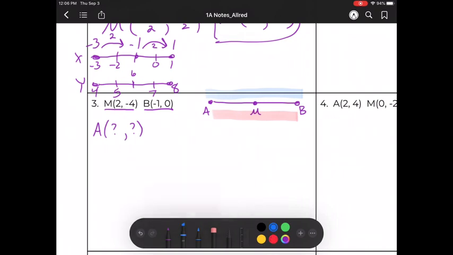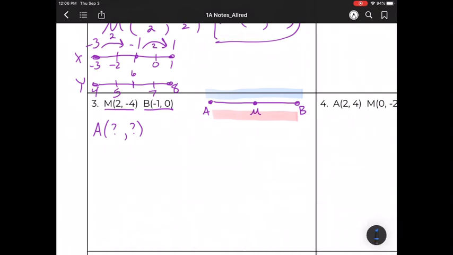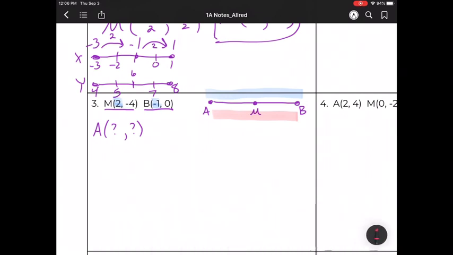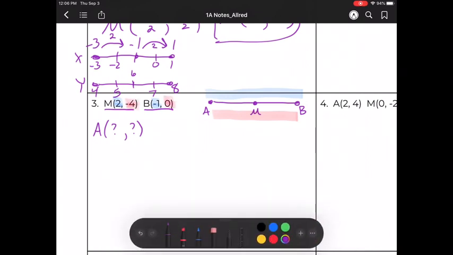This is not a normal graph on the coordinate plane. This is just a way I came up with to organize my work and kind of create a puzzle to find these pieces. So I'm going to use these values on top of that number line and these values on bottom of that number line.